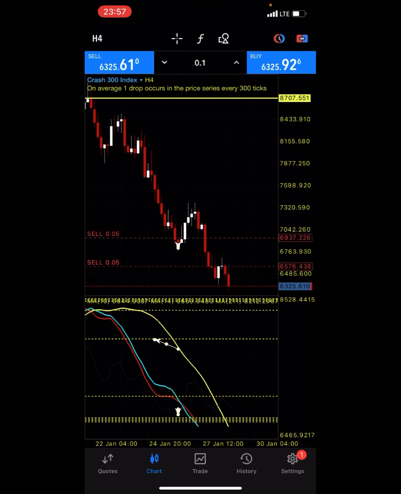Now, the number one rule in adding positions to your trade is you must make sure that the first entry you have taken has made you, let's say, $5 plus. I'm talking about little account holders.